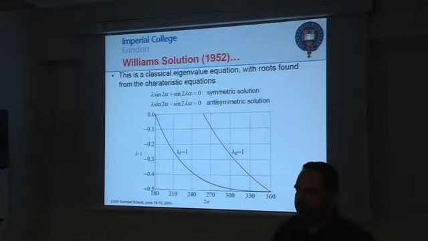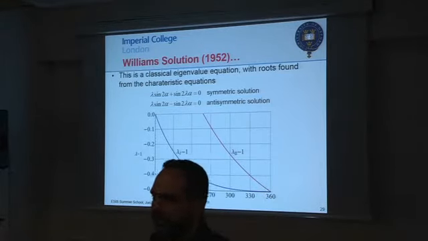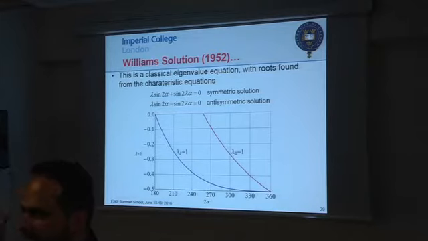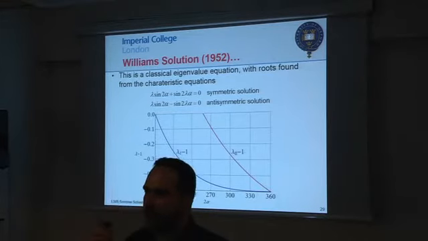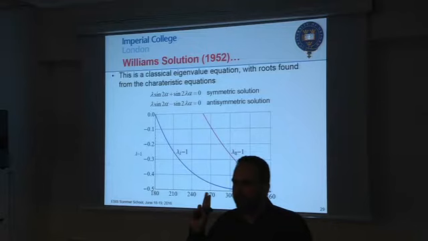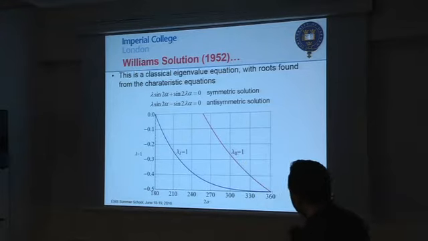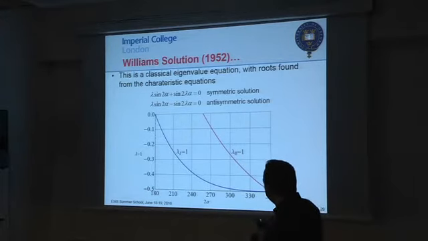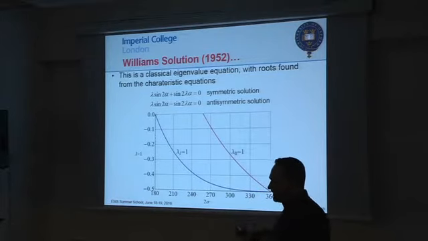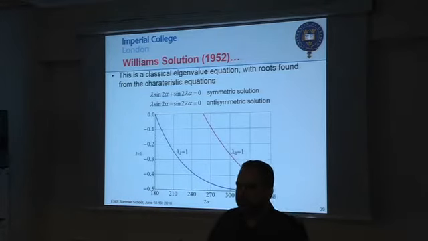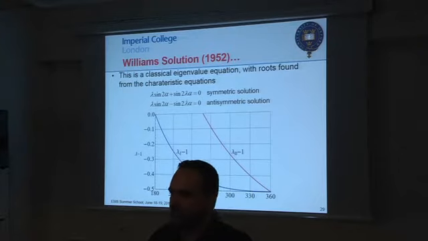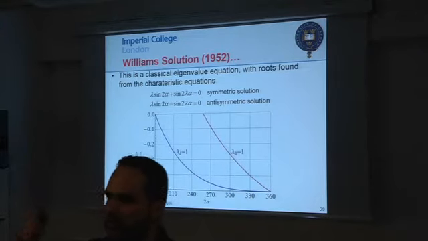Now from now on, I'm going to call the symmetric with 1 and the antisymmetric with 2, because one corresponds to the mode 1 symmetric loading and the other corresponds to the mode 2 antisymmetric loading. Okay. So when you solve these two equations, by solving the top one, you end up with a characteristic exponent of the Airy stress function that solves the problem in mode 1.